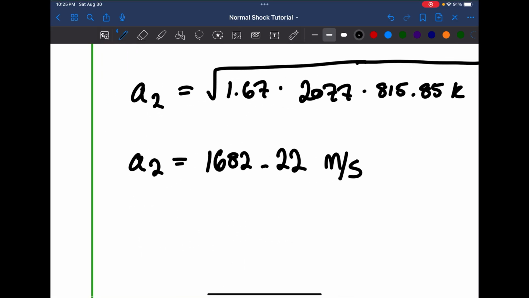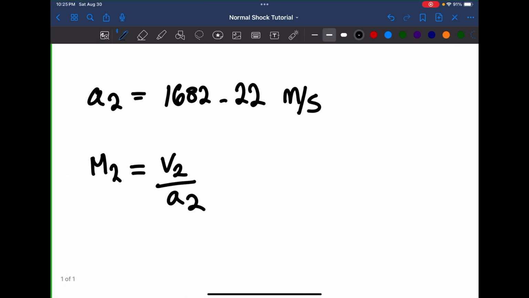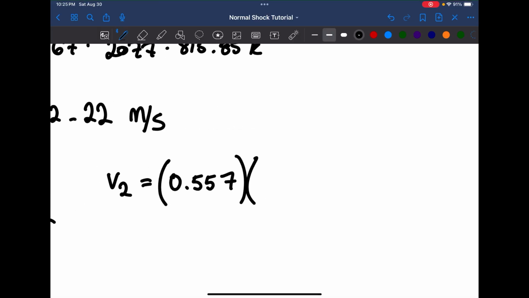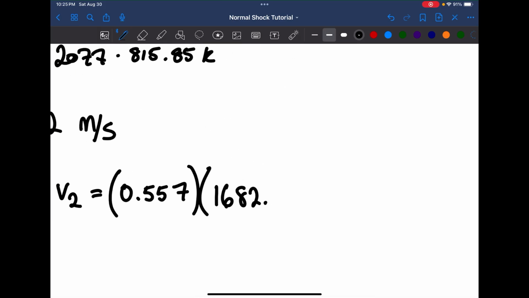And so at this point, solving for V2 here, we've got V2 equals 0.557, that's our Mach number, times our A2, which is 1682.22.